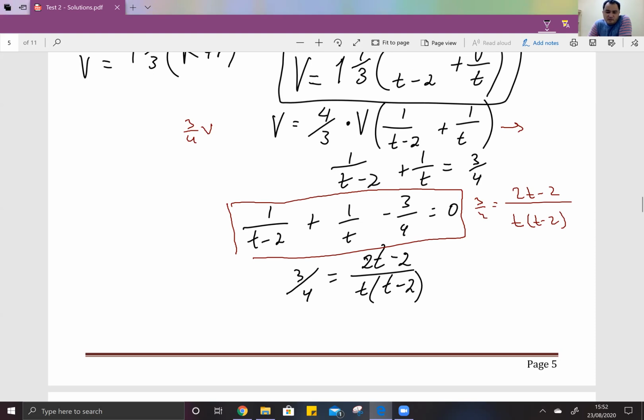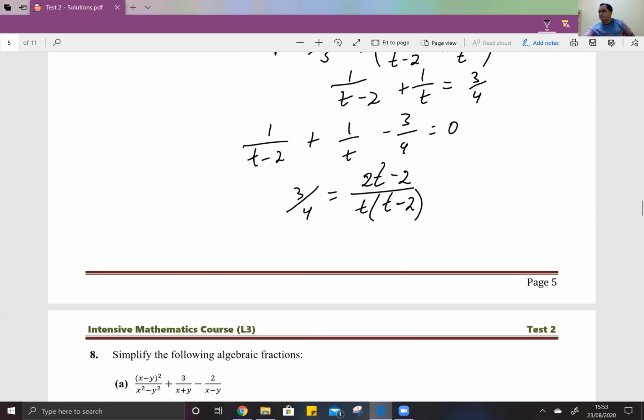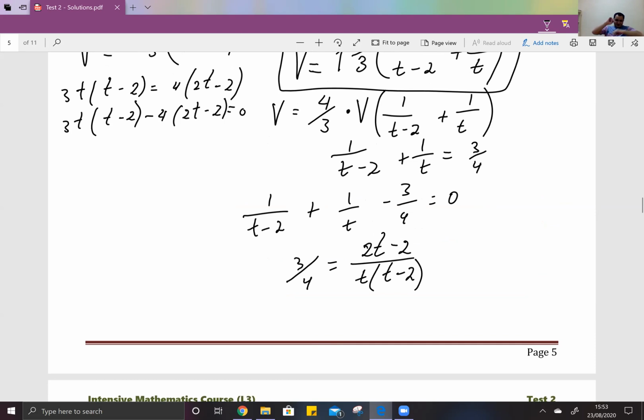Oh, okay. Yeah, now cross multiply. While doing this, you should also expand this: T squared minus 2T, right? Why don't you remove the brackets and take it to the left-hand side?